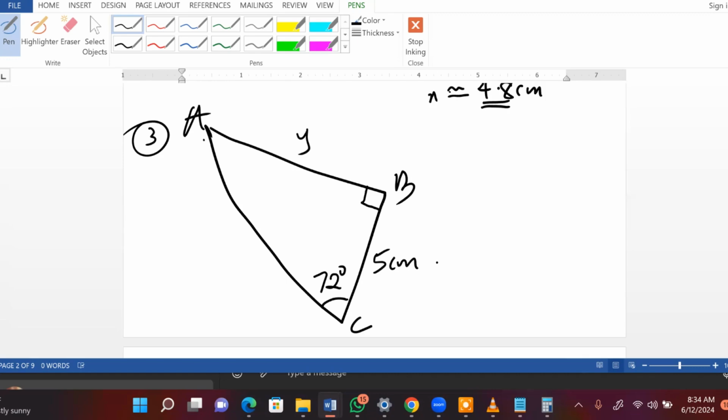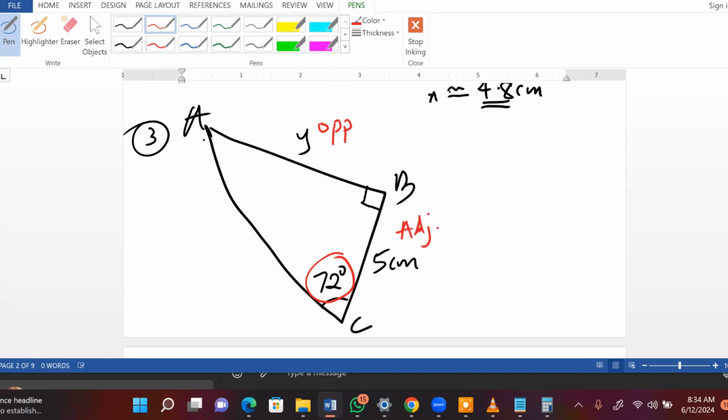We have 72 degrees. So where is the adjacent, the hypotenuse? Why is the opposite? Correct. Adjacent is 5. That's correct.